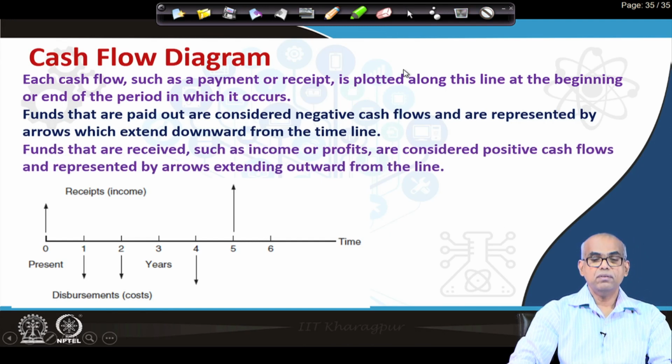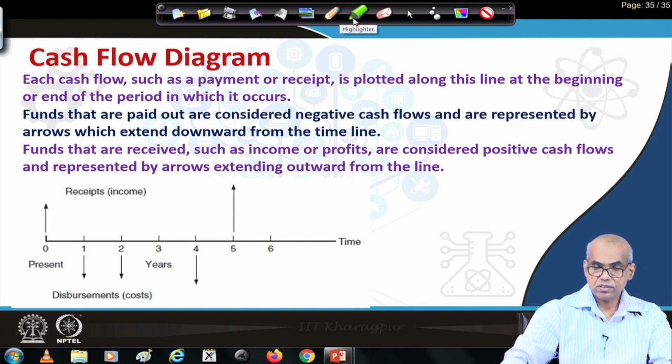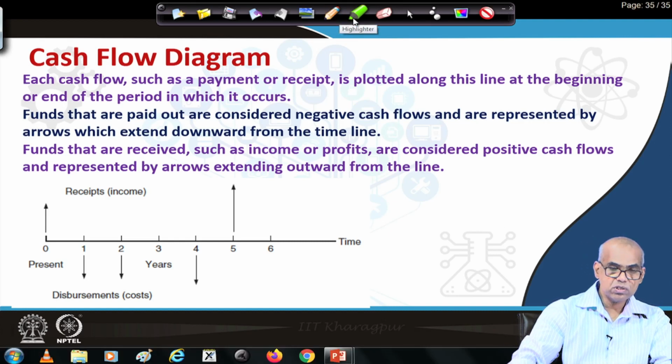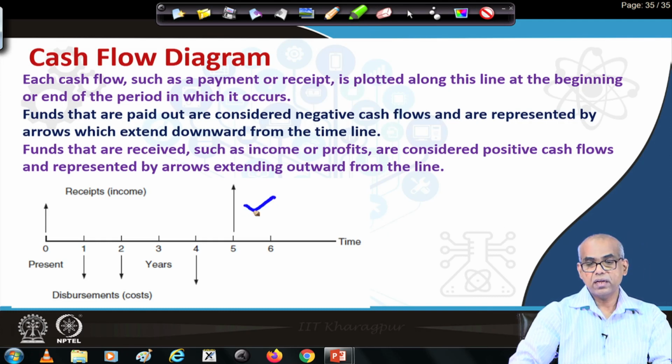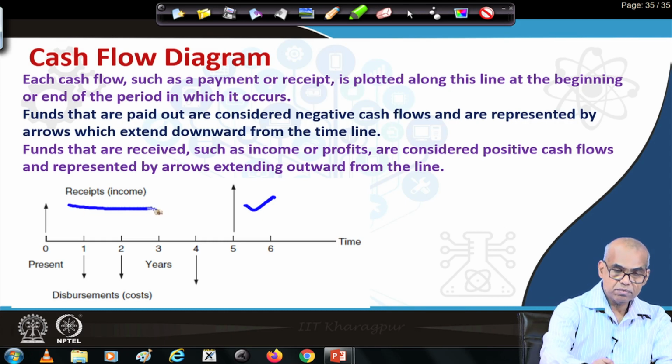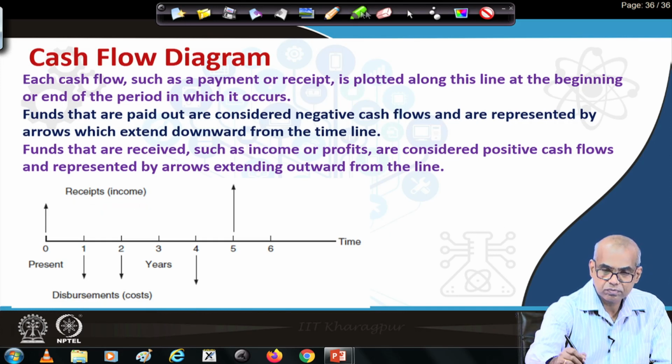Funds that are received, such as income or profits, are considered positive cash flows and represented by arrows extending upward from the line. So, these are receipts, positive cash flows, these are disbursements, which are negative cash flows.